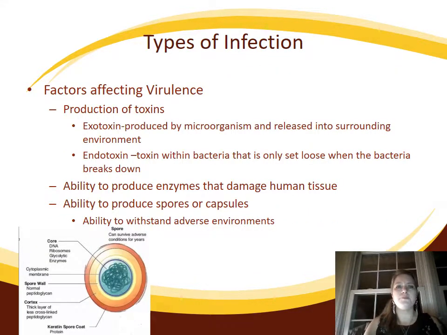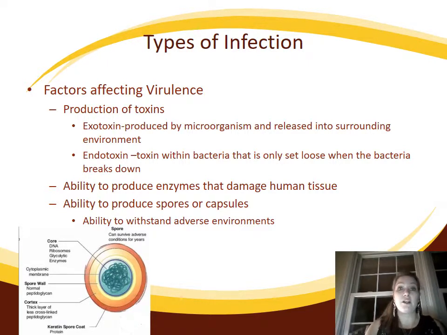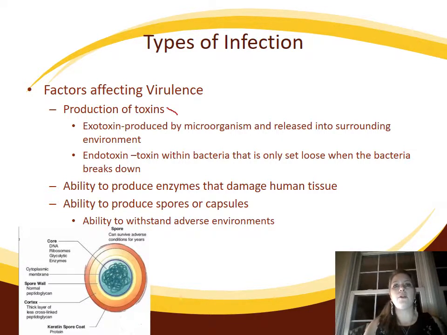So there are, as we talked about a little bit, many factors that affect the virulence of a particular microorganism. And when we look at this, first of all, we want to look at how capable is that microorganism of producing toxins that are going to cause harm to the host.